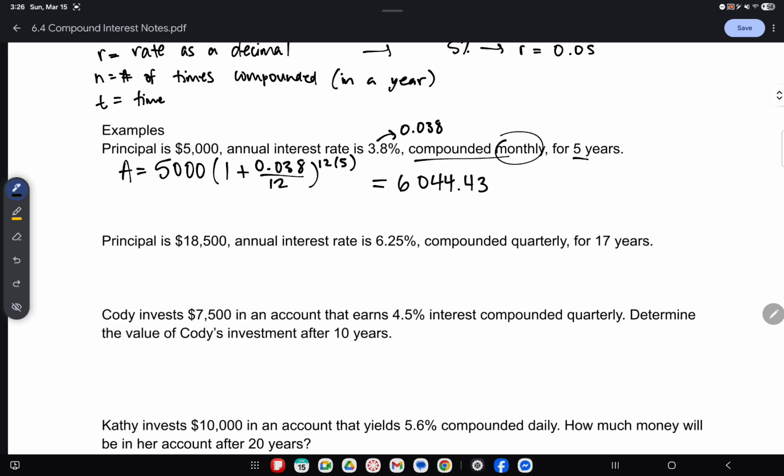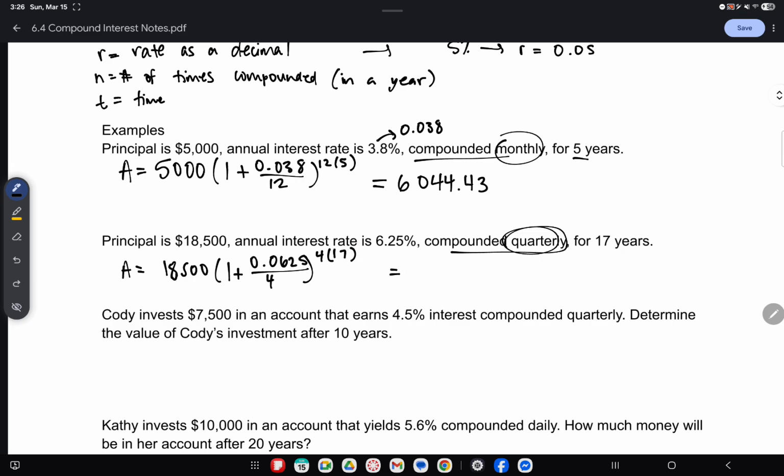All right, I'm going to do it again for this next one. Principal is $18,500. Annual interest rate of 6.25%, compounded quarterly for 17 years. So find the final amount. 18,500 times 1 plus our rate as a decimal, 0.0625 over n, quarterly is 4, and then 17 years.